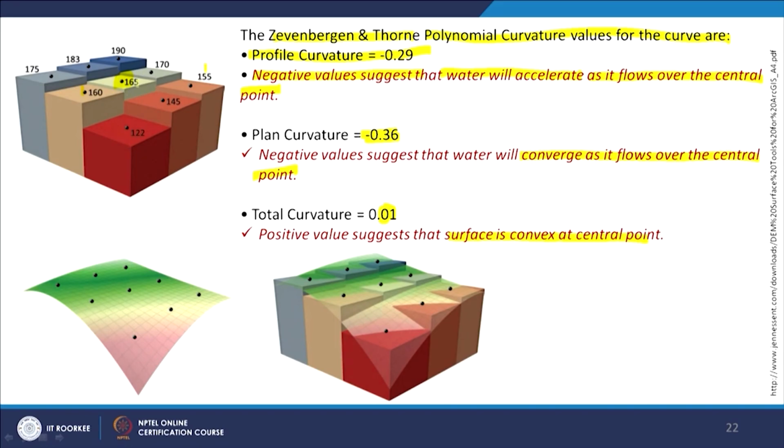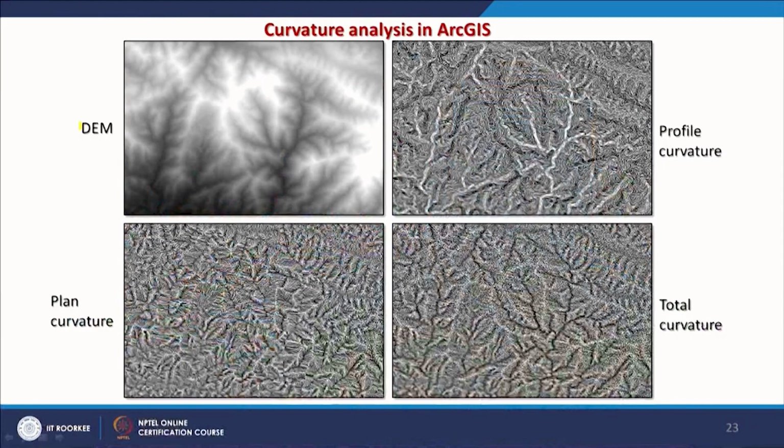So, this is a convex scenario. Now, using different methods, these plan curvature, profile curvature and total curvature along with digital elevation model. So, first one, the top left is our input digital elevation model.